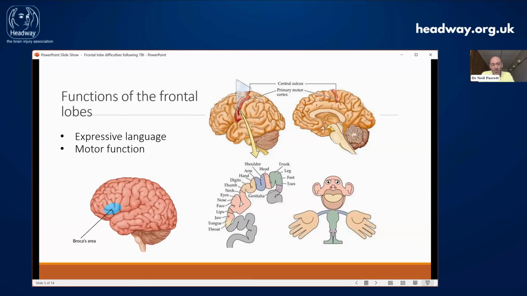So you can have good functioning speech recognition while at the same time having impaired expression if you have a lesion or damage to Broca's area, and vice versa. That's a whole other topic, and probably not something we have time to explore in particular detail here, but certainly an important function of the frontal lobe.